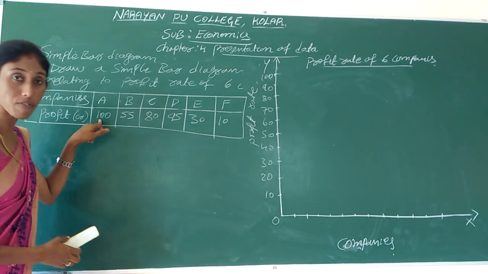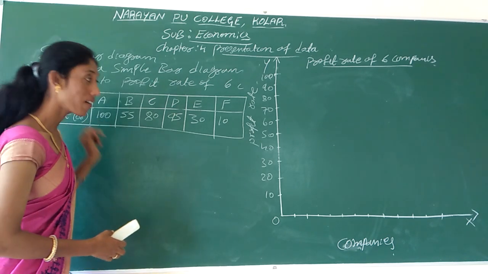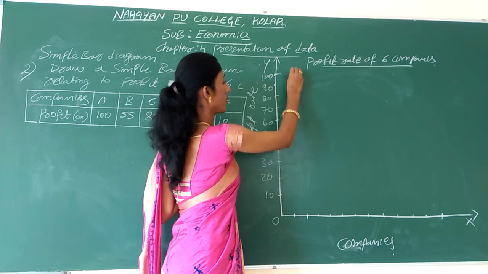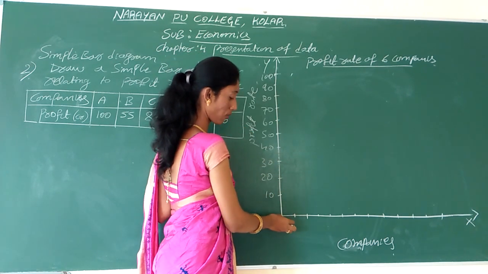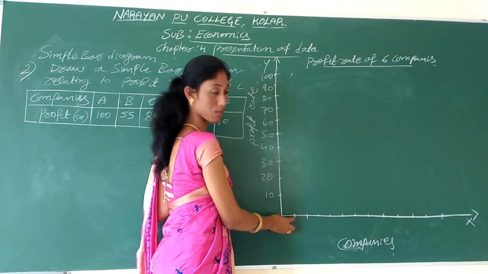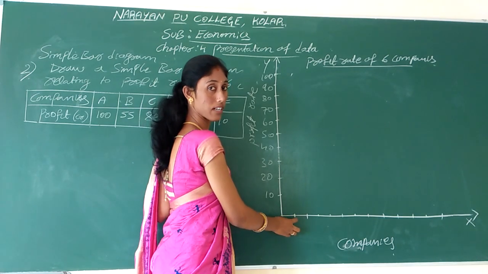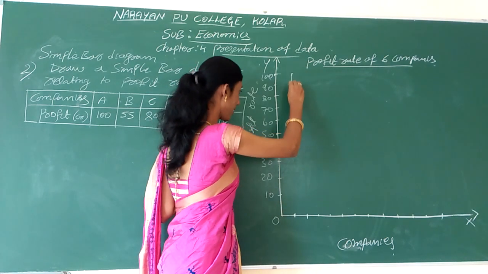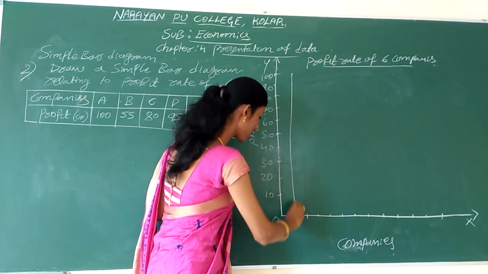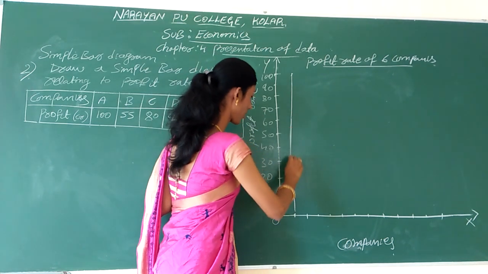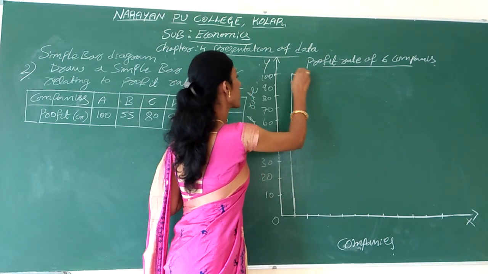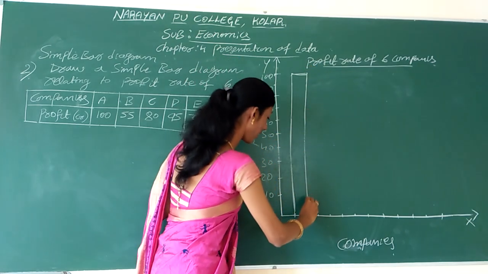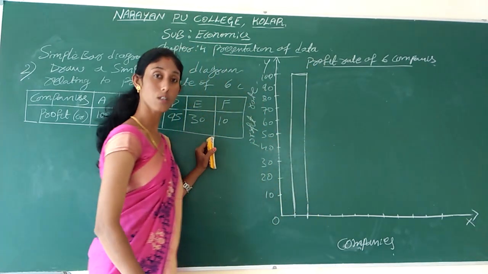Company A. What is the profit rate of company A? 100. Then take your 100. From this first, you have to take a gap for the first point to draw a rectangle or bar. Take one point here and, with the help of a scale, take a right angle and join to the next point.